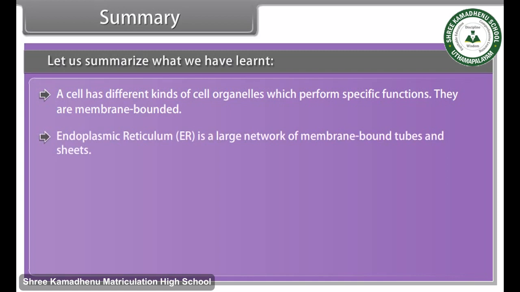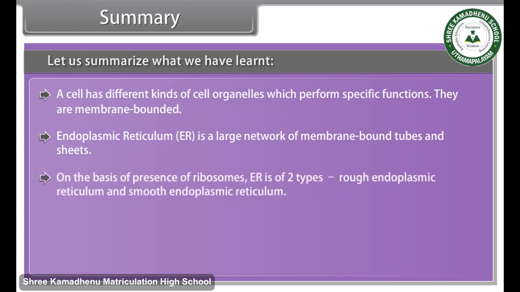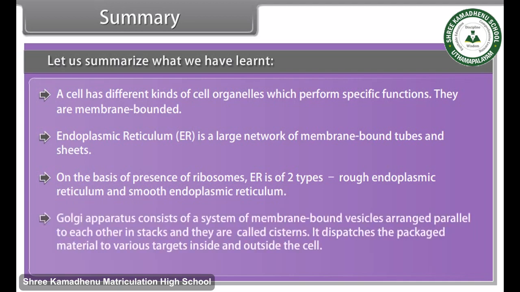Endoplasmic reticulum, ER, is a large network of membrane-bound tubes and sheets. On the basis of presence of ribosomes, ER is of two types: rough endoplasmic reticulum and smooth endoplasmic reticulum. Golgi apparatus consists of a system of membrane-bound vesicles arranged parallel to each other in stacks, and they are called cisterns.